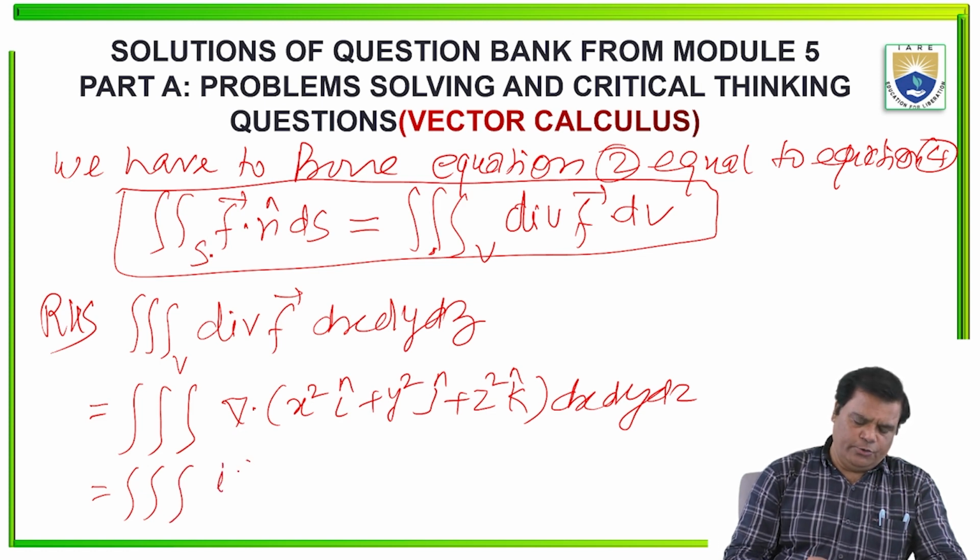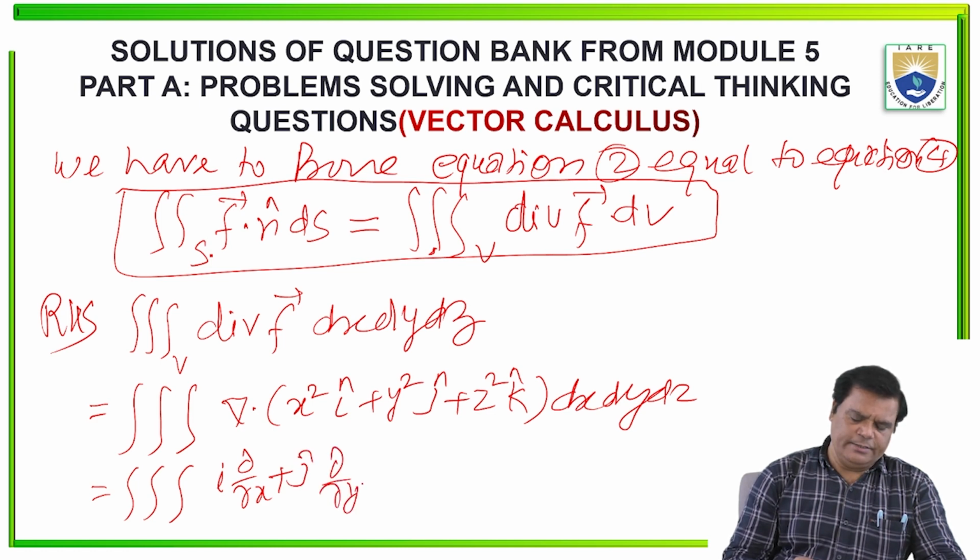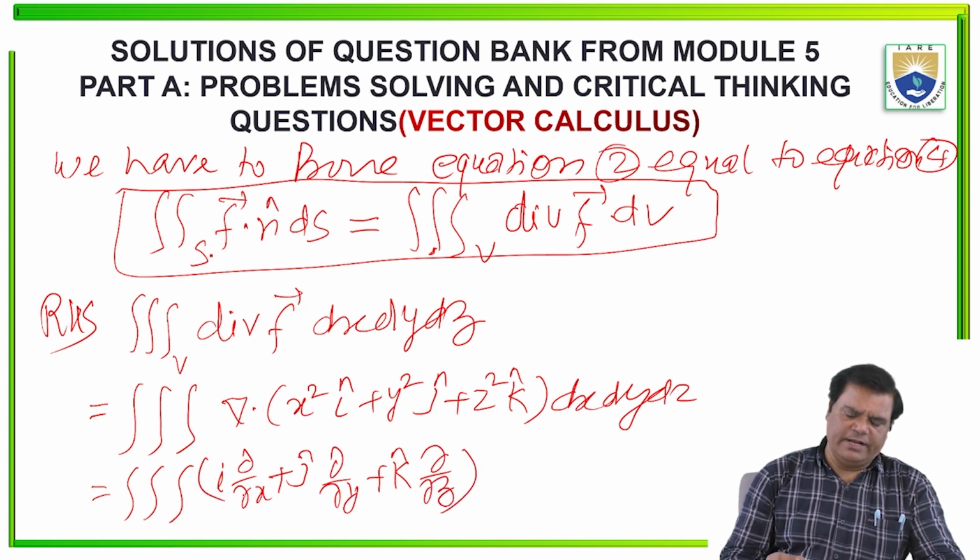Now this is equal to triple integration. Here i dou over dou x plus j dou over dou y plus k dou over dou z. This is the value of del.